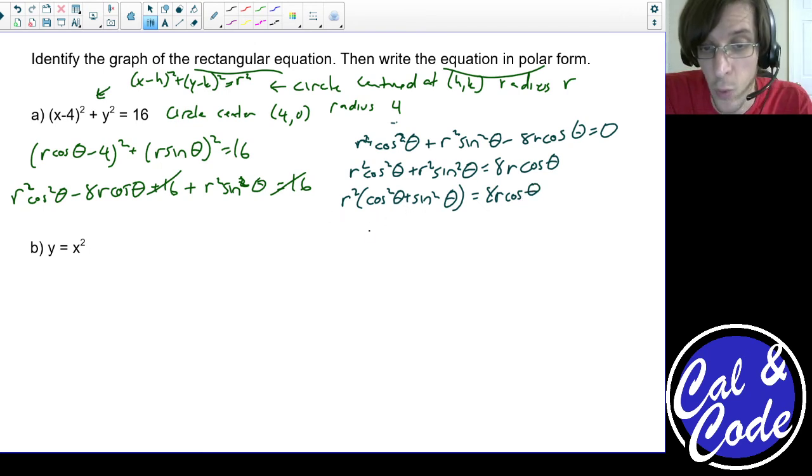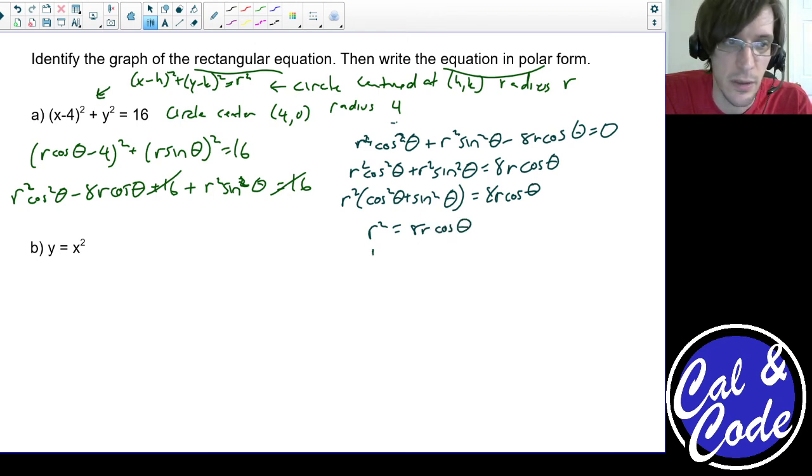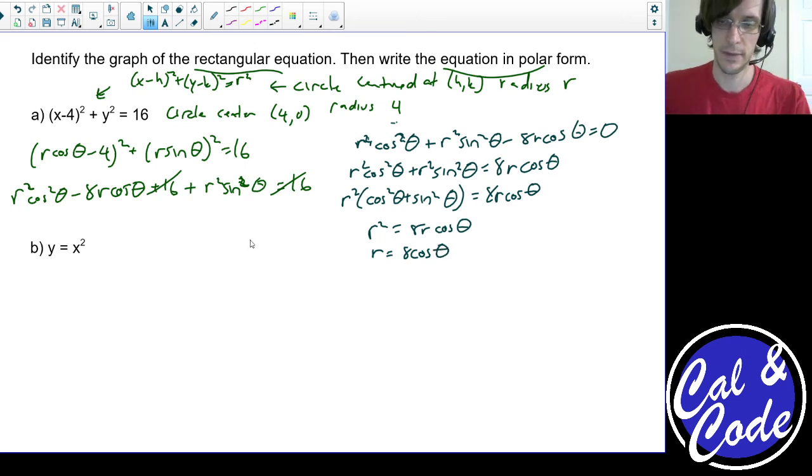Sine squared plus cosine squared is 1, which leaves me with r squared is equal to 8r cosine theta. Divide both sides by r. So r will equal 8 cosine theta. If you remember correctly, one of the types of circles we had in the last section was a cosine theta, where that number in the front, that 8 in this case, is the diameter of the circle.